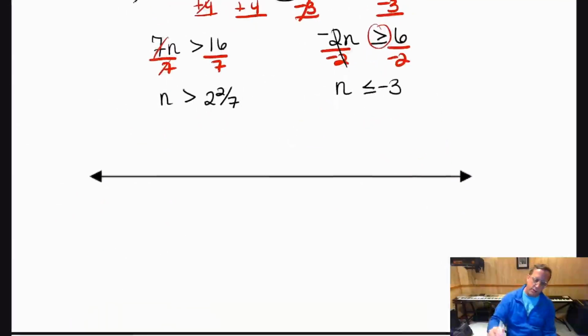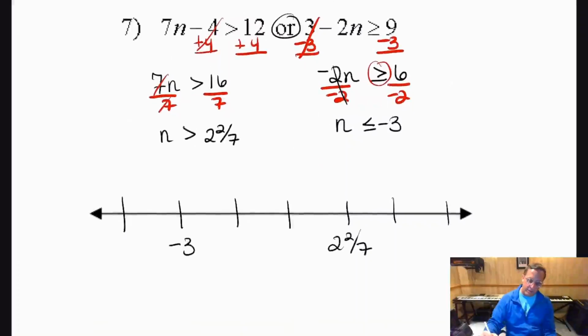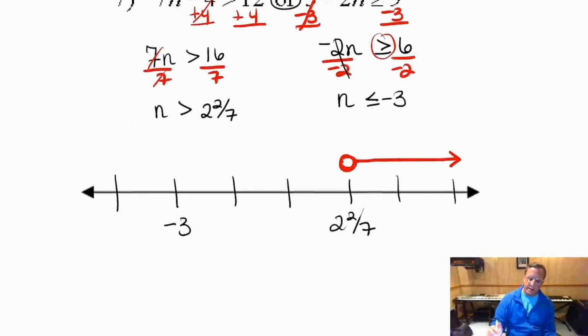So for this one, I'm not going to do it to scale either. I'm going to put the smaller number on the left, negative 3, and the larger number on the right. And this one's an "or," so we've got n is greater than 2 2/7, open point there, and the vector's going to the right. And then n is less than or equal to negative 3, closed point there, vector going left.